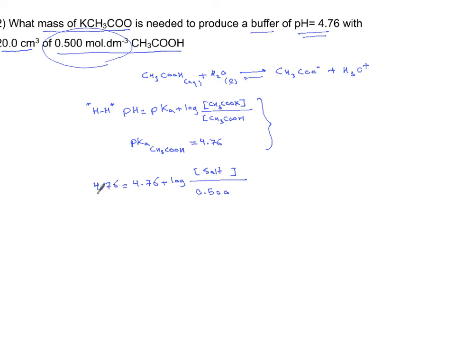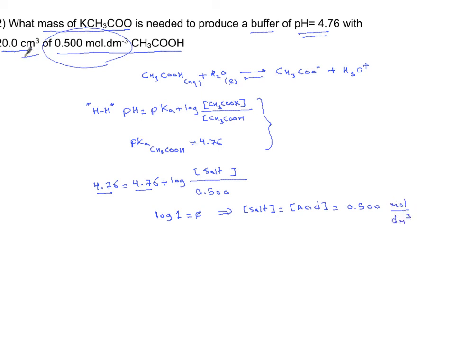Now the question is, when do these two quantities equal each other? When the log is 0, since log of 1 is equal to 0. So from here you can say that the concentration of the salt is equal to your denominator, which was the concentration of the acid, and is equal to 0.5 mole per decimeter cubed.